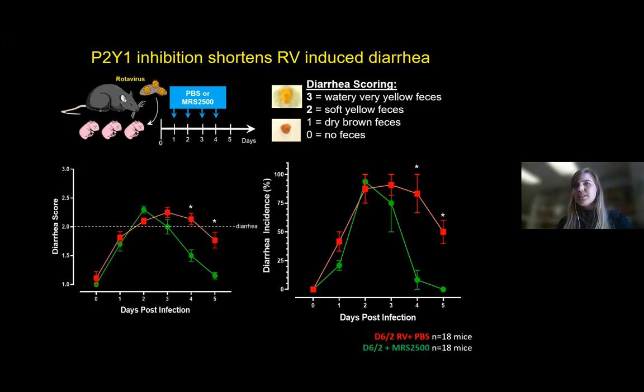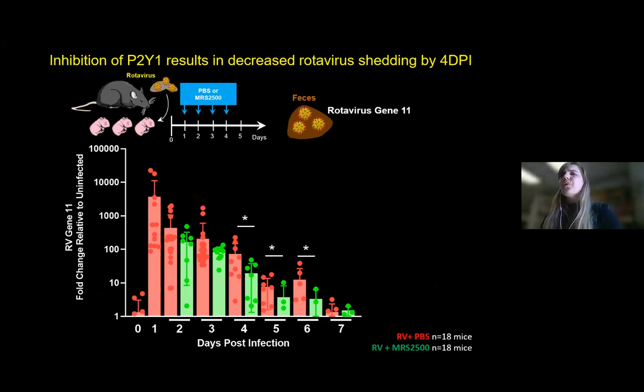Now, as we see that there is a key difference in our P2Y1 inhibited mice in alleviating rotavirus diarrhea, we wanted to see if this also had an effect on viral shedding in the stool. And so what we did was, prior to treatment each day, we collect the stool and process it to look at rotavirus gene expression. And what you can appreciate is at day 1 post-infection, both groups are together as neither have been given any treatment, and we are able to detect viral gene expression in both groups.